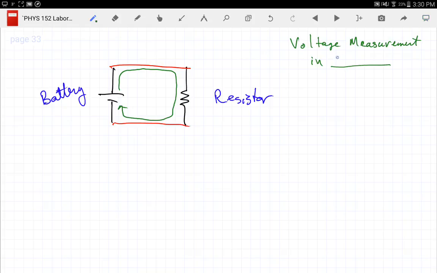I heard somebody say it has to be measured in parallel. That is, you're measuring the difference in the potential energy per charge from one side to the other. So if I'm going to measure my voltage, I need to connect across and put my voltmeter in parallel like that.